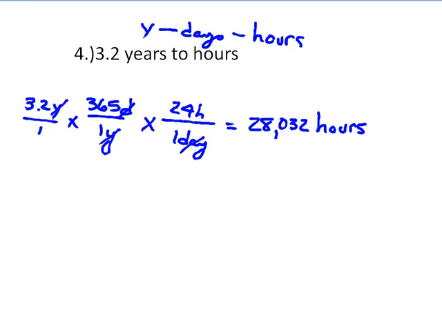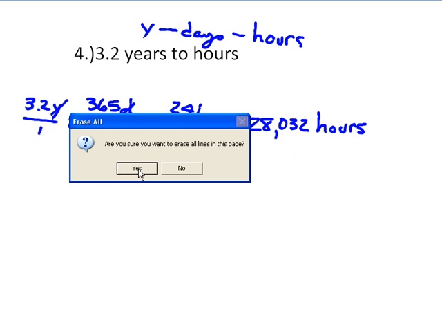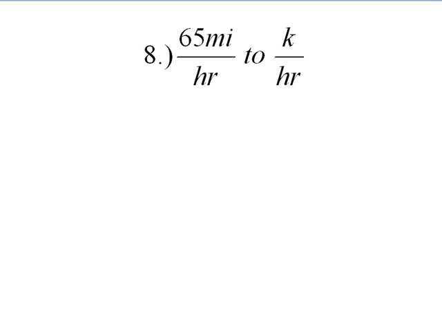All right, let's try another one. Okay, we want 65 miles per hour into kilometers per hour.